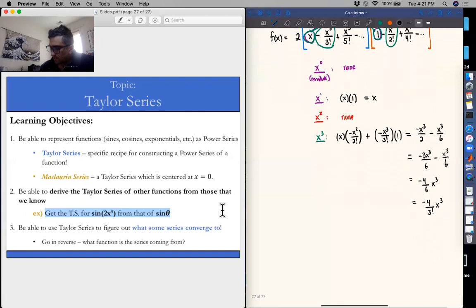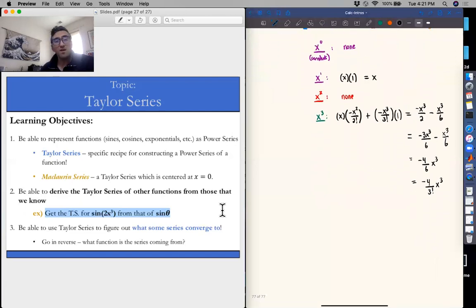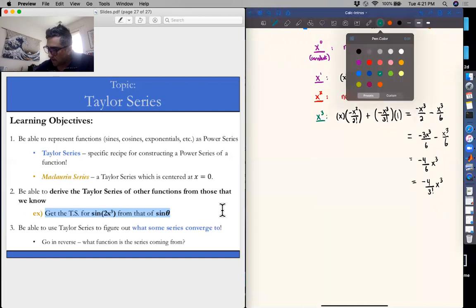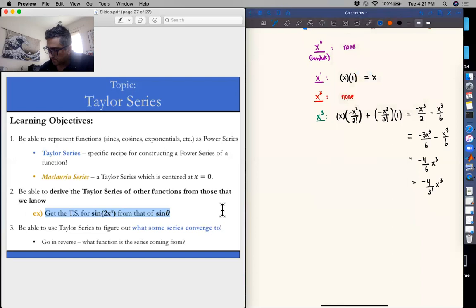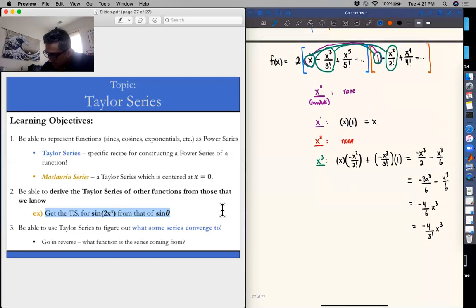All right, so it looks like we found the x cubed term of our Taylor series for 2 times sine times cosine. All right, let's keep going through this series together. So the next thing we would look for are the x to the 4th terms.